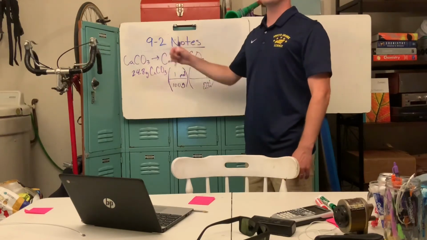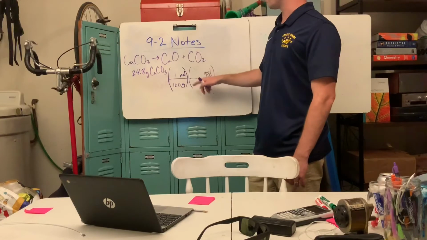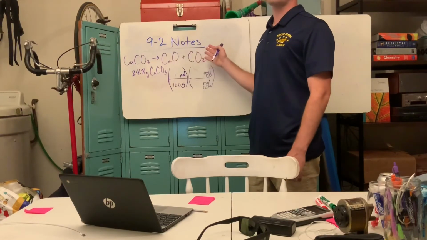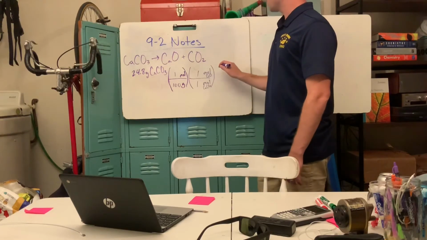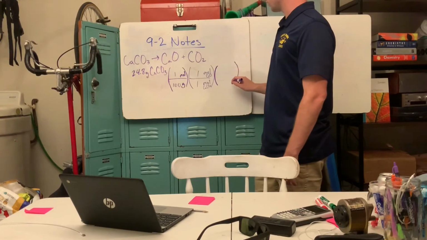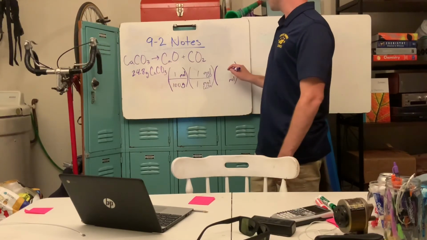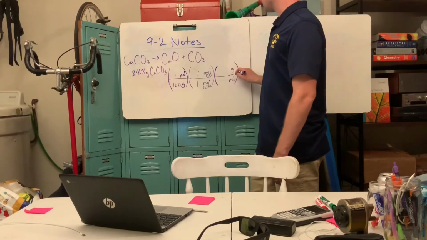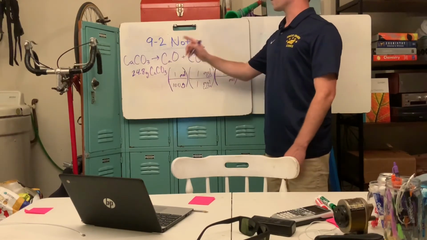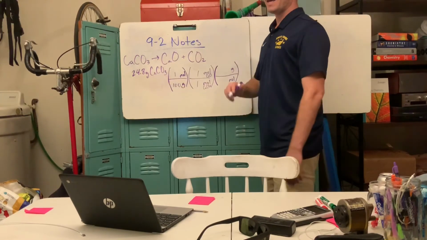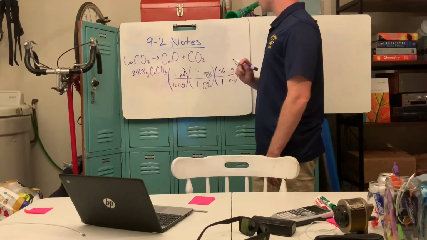Now we look at the balanced equation for the coefficients, because those are the numbers that we want here, but because they're all ones and it's already balanced, we just put a 1 here and a 1 there. And then finally, we're going to convert moles of calcium oxide into the mass in grams. And so we're going to need to look at the molar mass of calcium oxide. I looked at the periodic table, and that is going to be 56 grams to 1 mole.